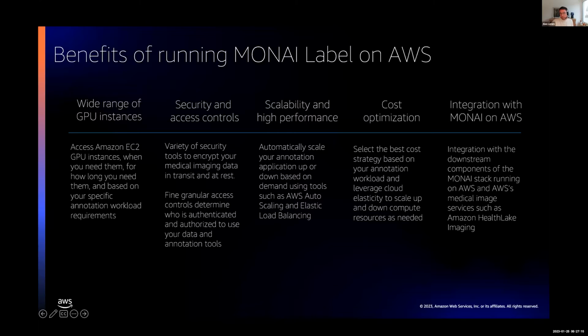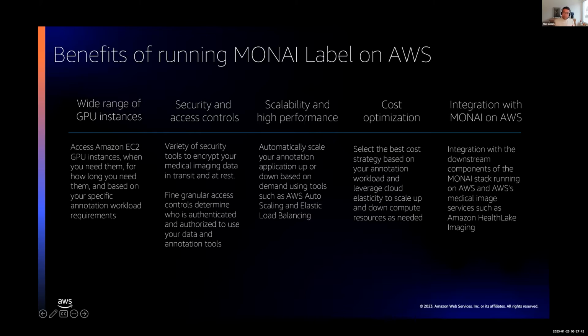And last but not least, when you run MONAI Label on AWS, you of course also benefit from a really tight integration with the further downstream MONAI components of the MONAI framework running on AWS, and from other medical imaging specific AWS services we offer, like for instance, HealthLake Imaging for storing and managing DICOM data at scale and at very low costs in the cloud.